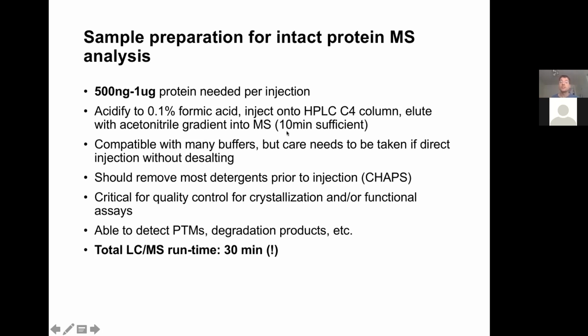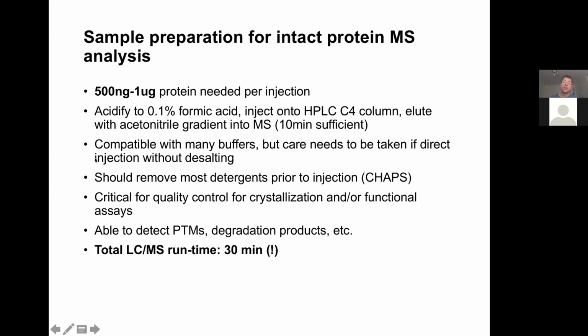The length of the gradient for a single protein doesn't need to be super long, because we're not trying to separate a complex mixture. We just want to clear out some of the salts at the beginning and then inject it onto the mass spec. So we do this in 10 minutes. This is compatible with many buffers, and since we're running it on an HPLC first, we can have salts and things in the mix.